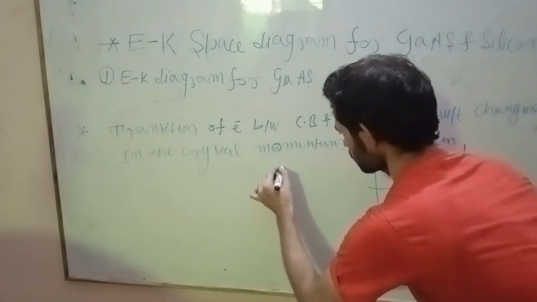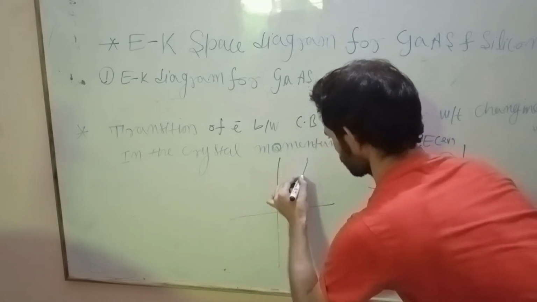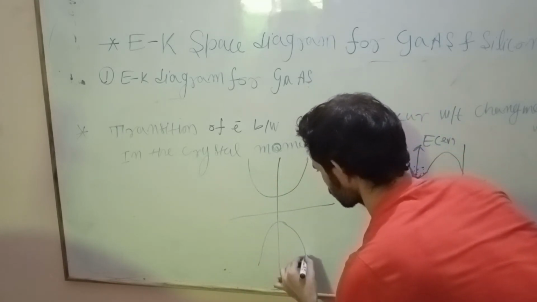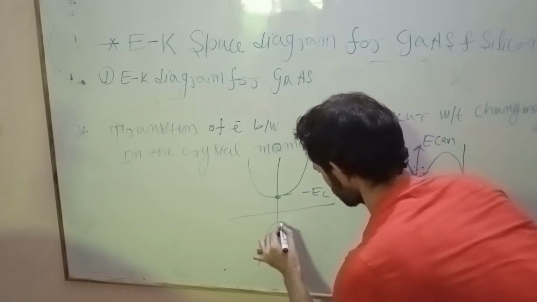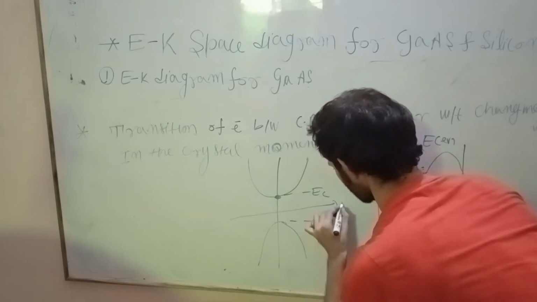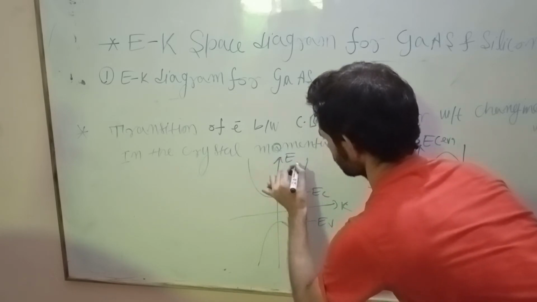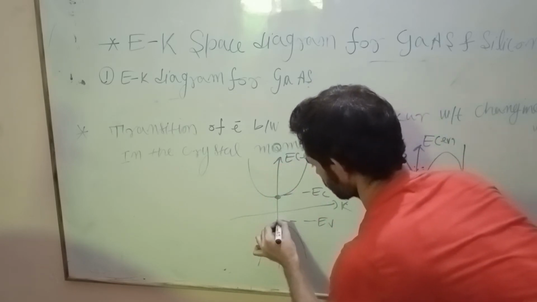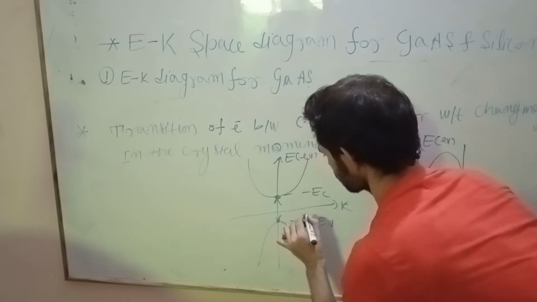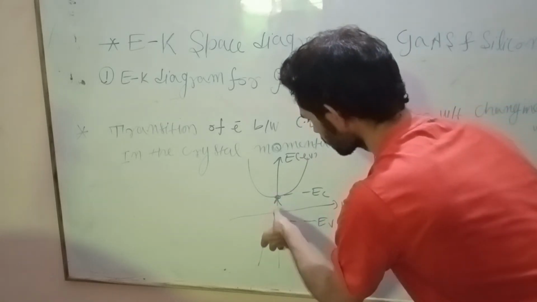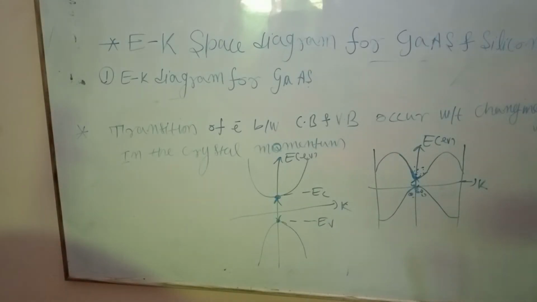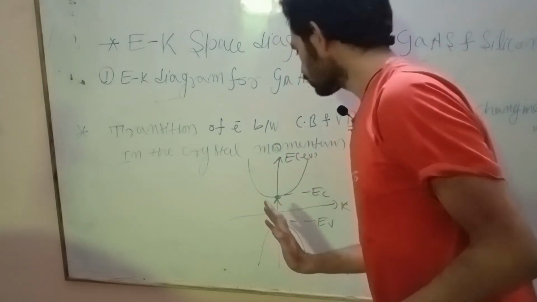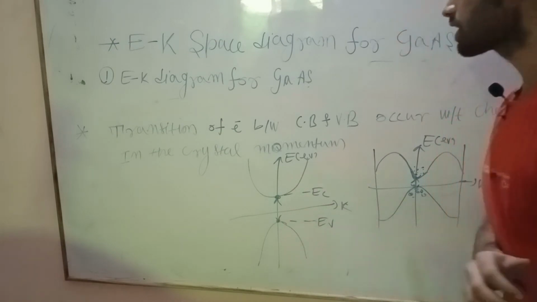Individually, this is EC, this is EV, k versus energy in electron volts, both have direct nature. Means their momentum is conserved, and energy is also conserved. In this case, energy is also conserved.